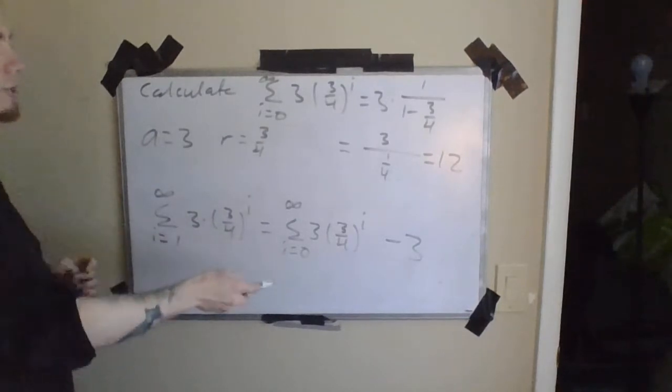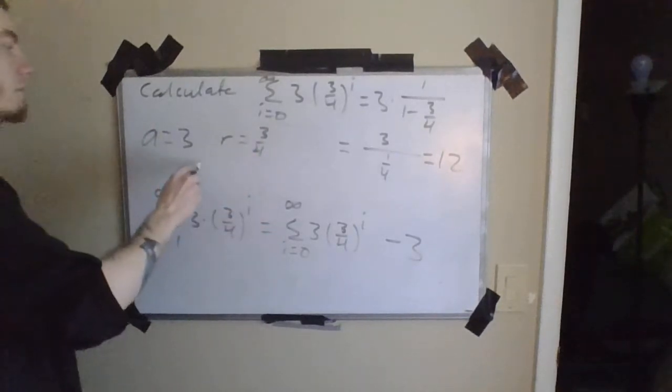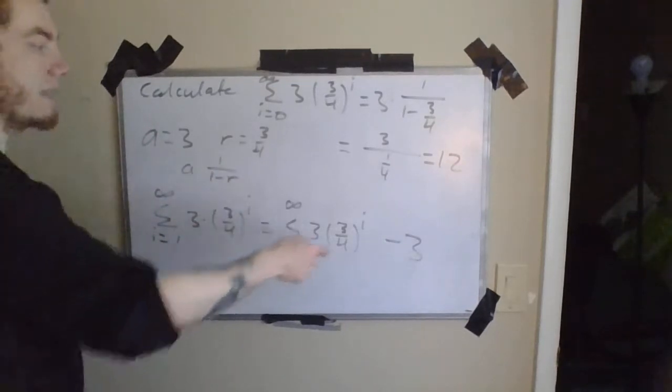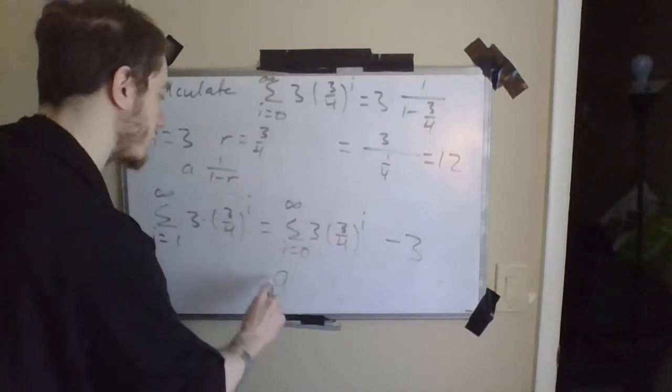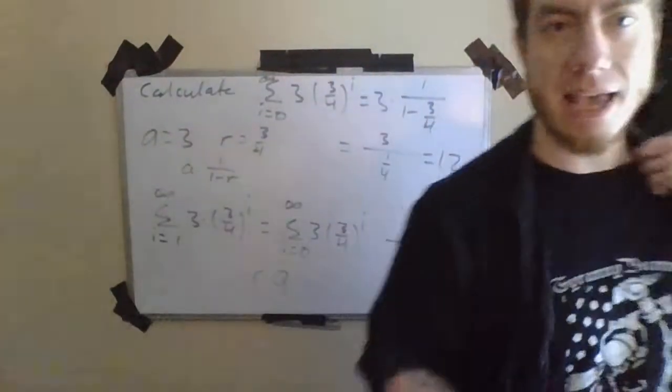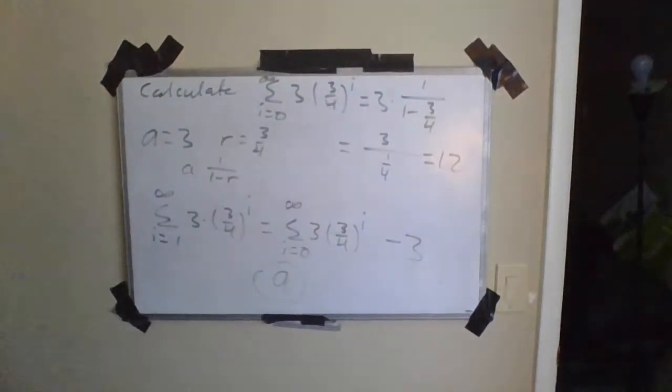That way I could just apply the same formula we did before, a times 1/(1 - r), and then I just subtract 3 off of it, so I would end up with 9 as my answer.